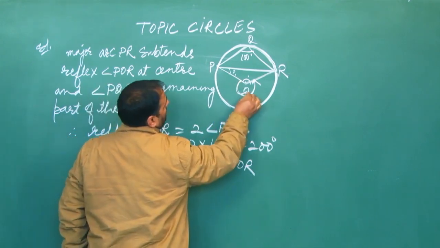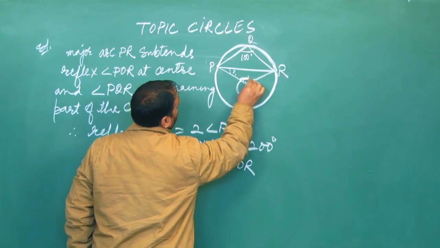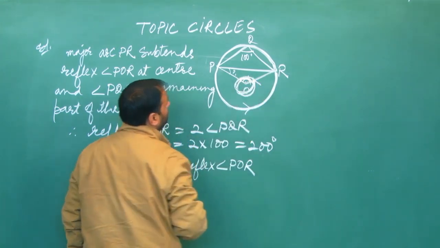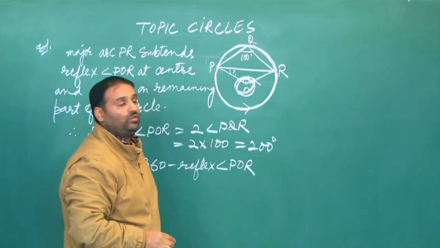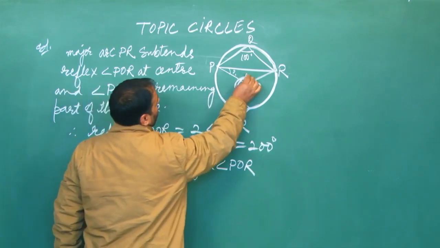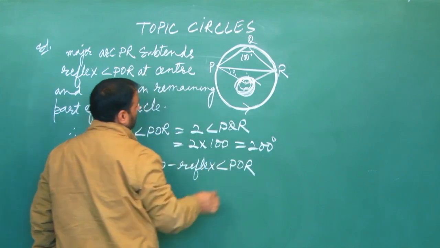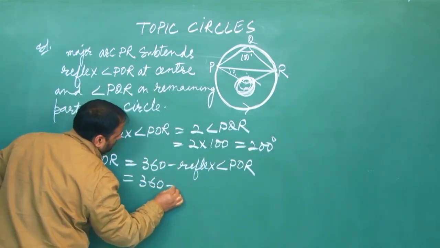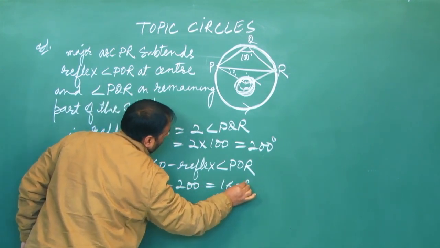This is the reflex angle POR and this is the other angle POR. The sum of both these angles, reflex angle and non-reflex angle, is equal to 360 degrees. So, when you want to find angle POR, it is simply 360 degrees minus the reflex angle. So, angle POR will be 360 minus 200, that is 160 degrees.